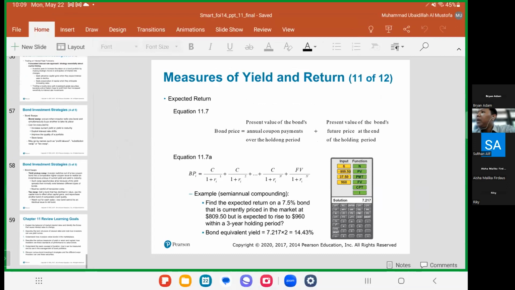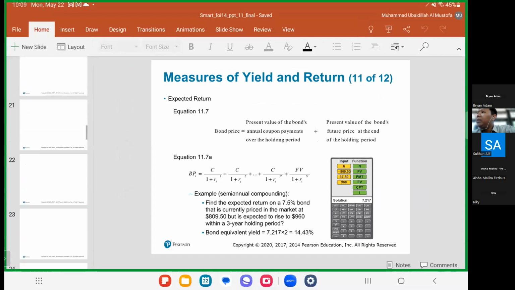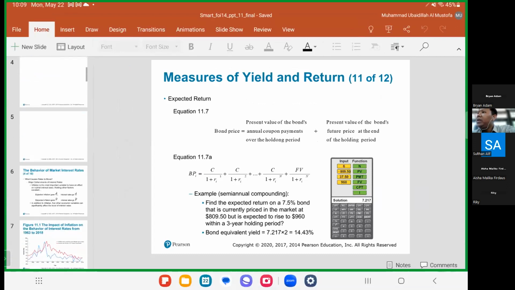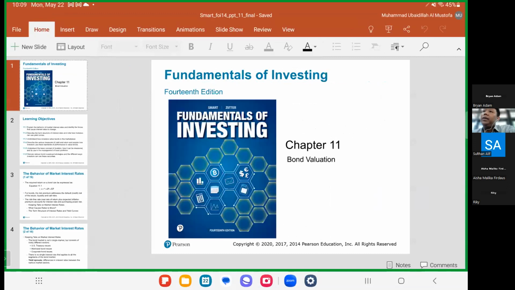So today we are going to learn about bond valuations. In the last class, we learned about what a bond is, the types of bonds, and the things that may affect bond prices and price performance.